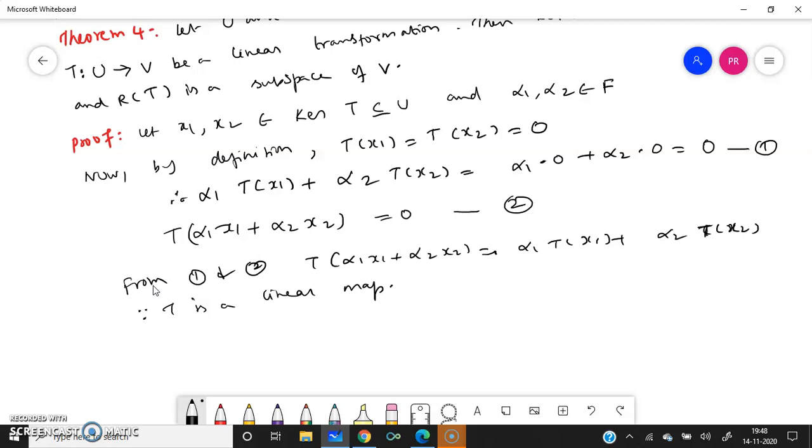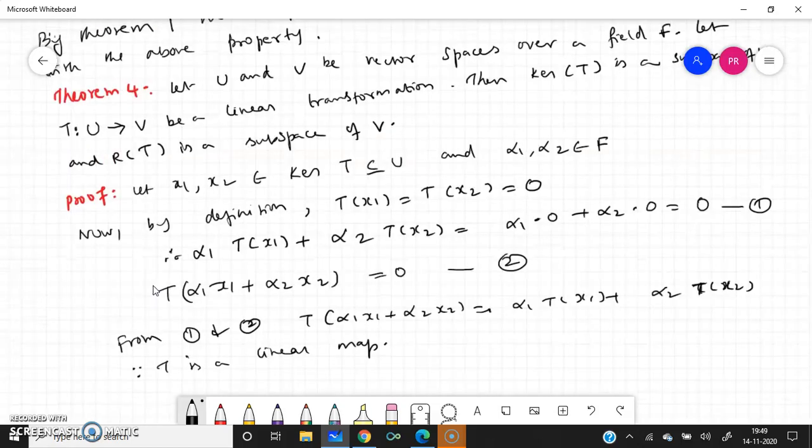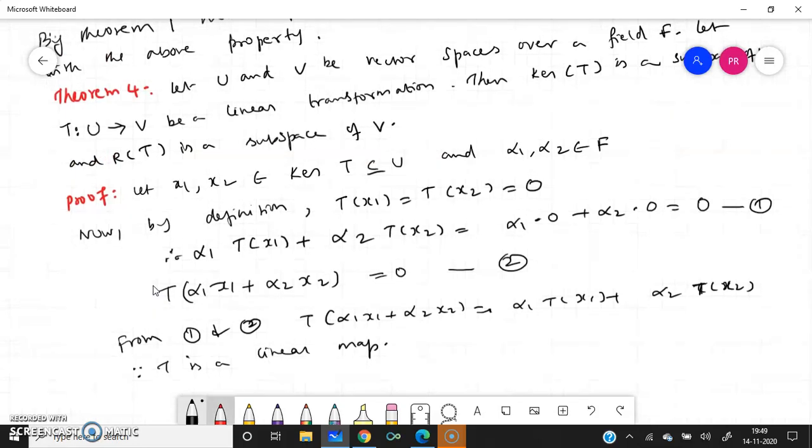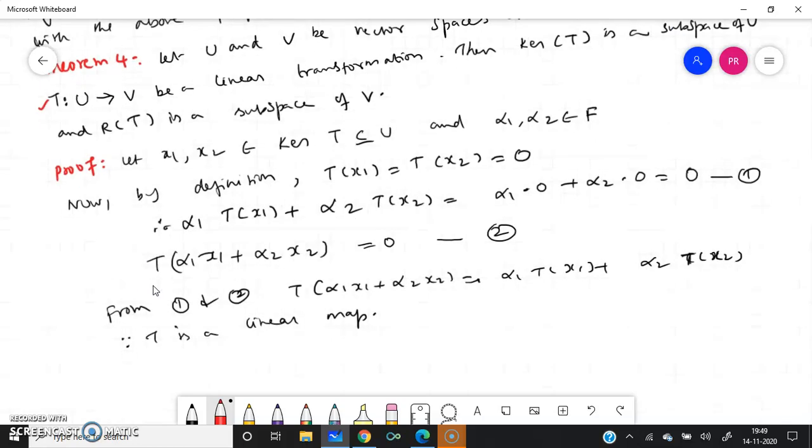And T of alpha 1 x1 plus alpha 2 x2 also will be equal to 0 because T is a linear map. It is given that T from U to V is a linear map. Therefore, alpha 1 T of x1 plus alpha 2 T of x2 will be T of alpha 1 x1 plus alpha 2 x2, which is also equal to 0.